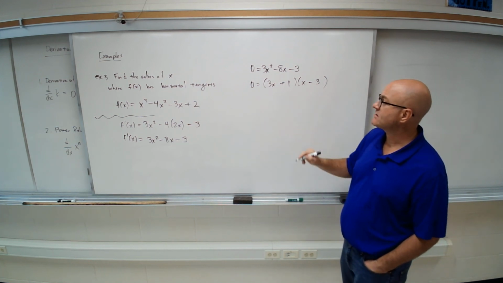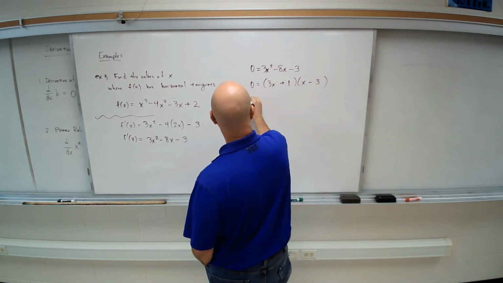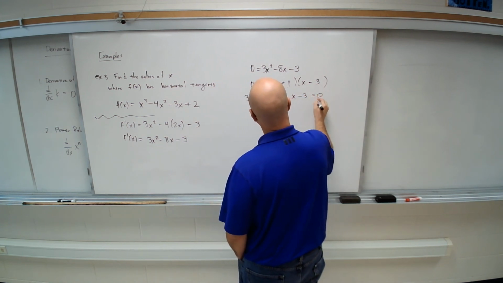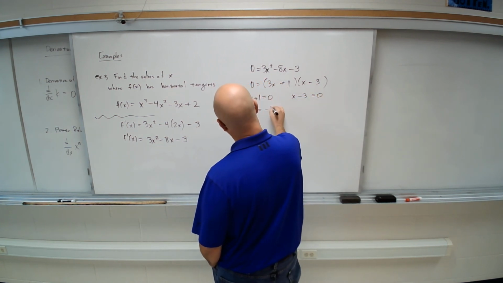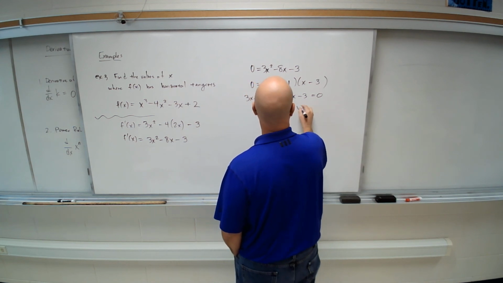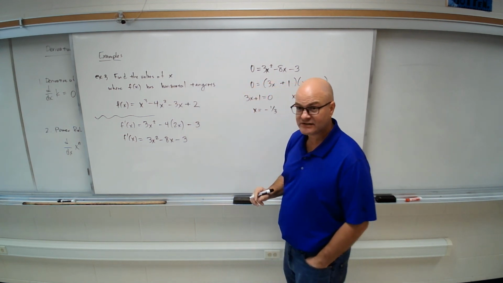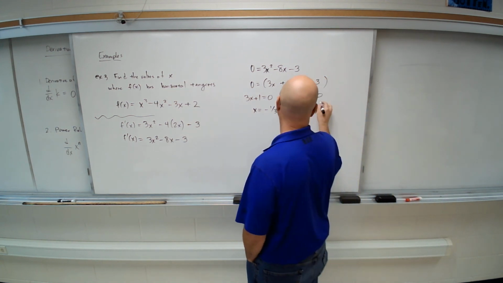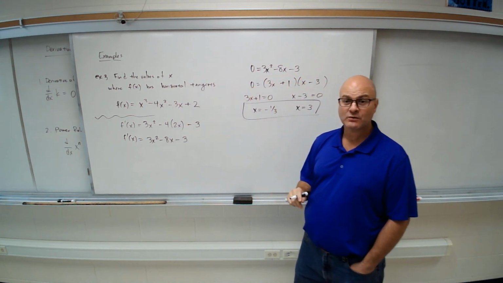But at this point, to solve it, either 3x plus 1 equals 0, or x minus 3 equals 0. So x is negative 1/3, and x is 3. So those would be the two values of x where f of x has horizontal tangents.